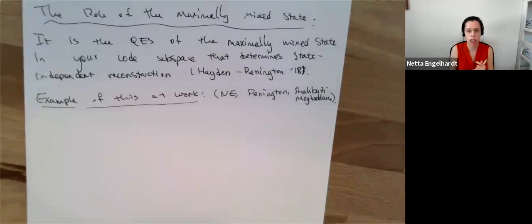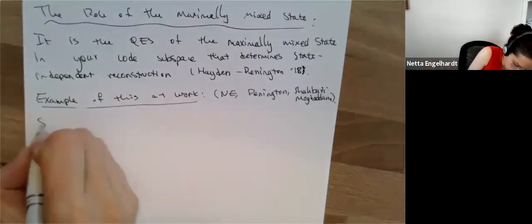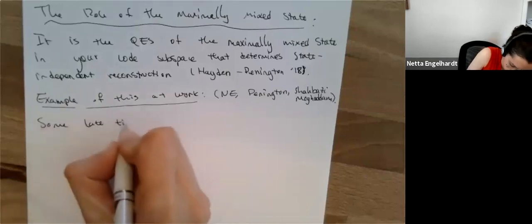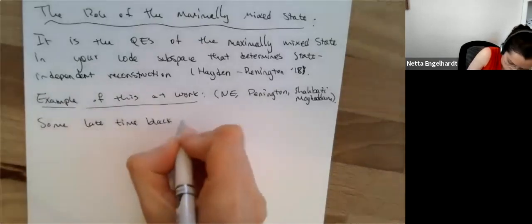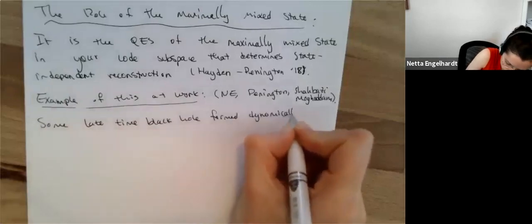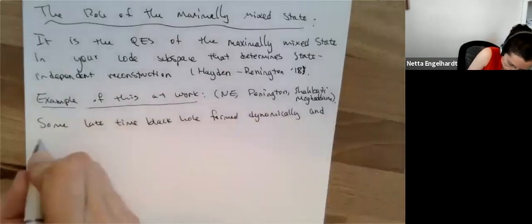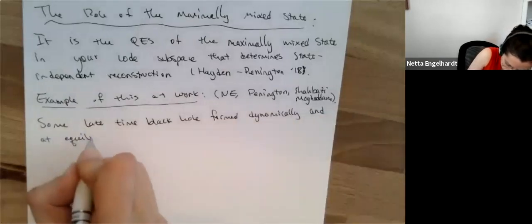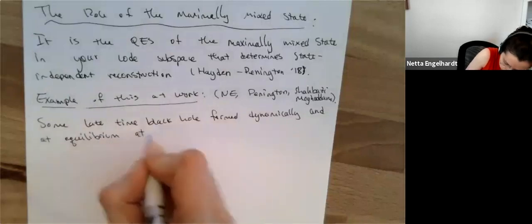Let's suppose that we're looking at a black hole that's roughly in equilibrium. We imagine this is a black hole that formed dynamically in some way. It's a single-sided black hole, but enough time has elapsed that by now it's going to be in equilibrium. So, a late time black hole formed dynamically and roughly at equilibrium at late times.